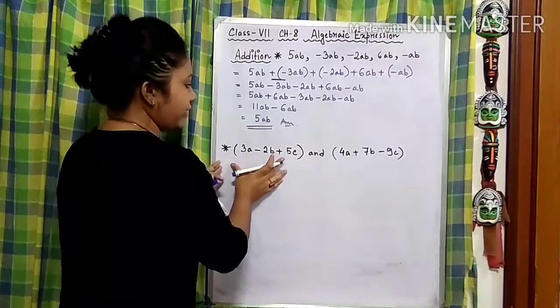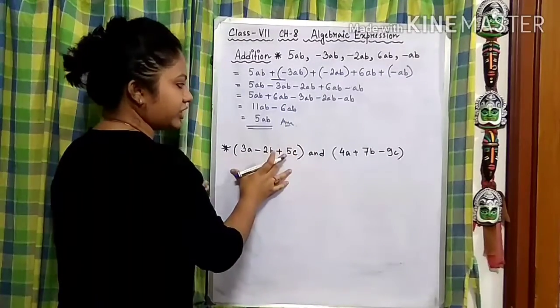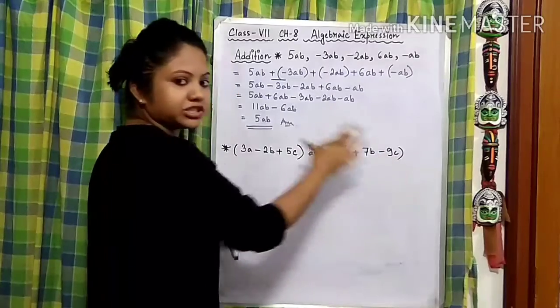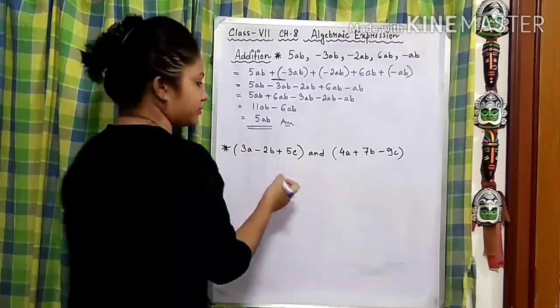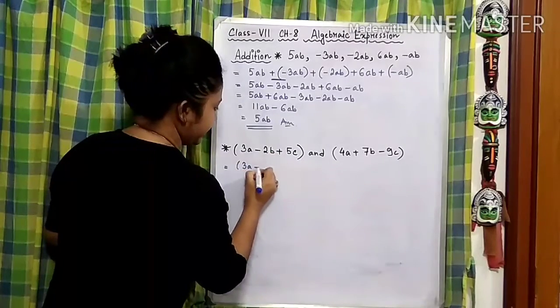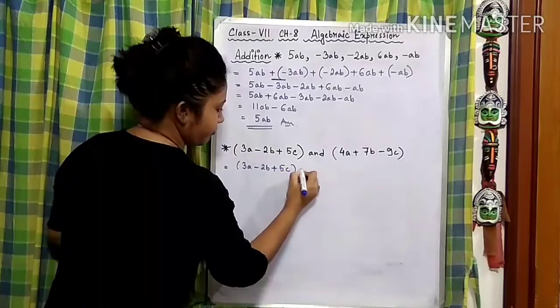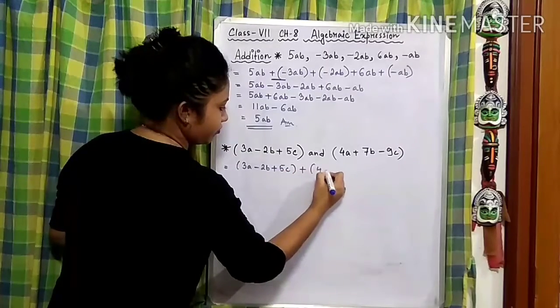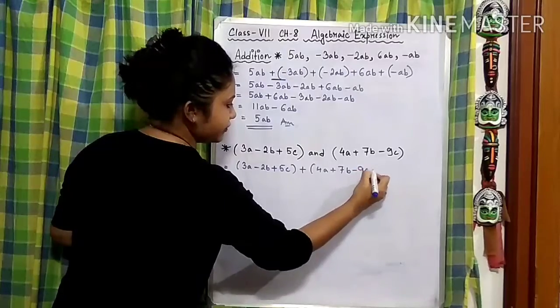Now we have taken 2 algebraic expressions. This is the first expression and this is the second expression. We are going to add these 2 expressions. First we represent it like this. Look at this very carefully.